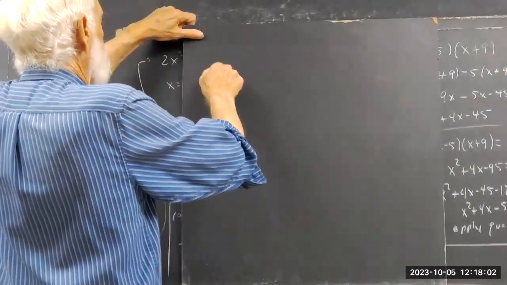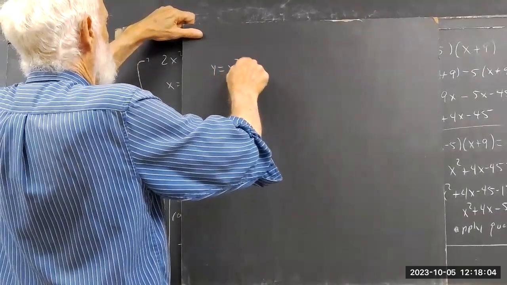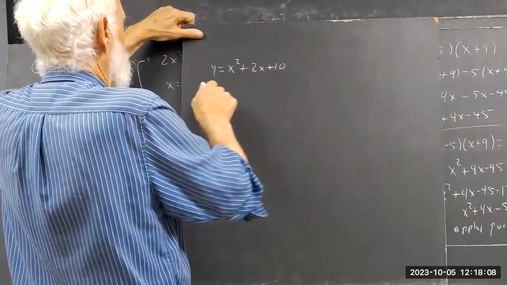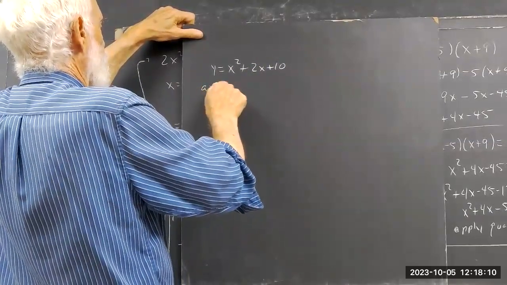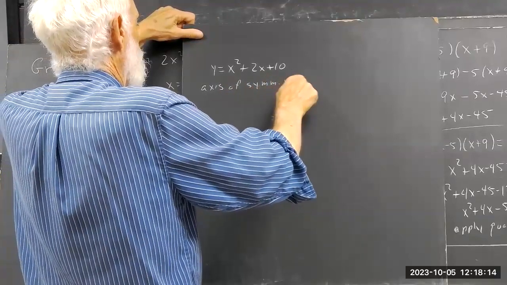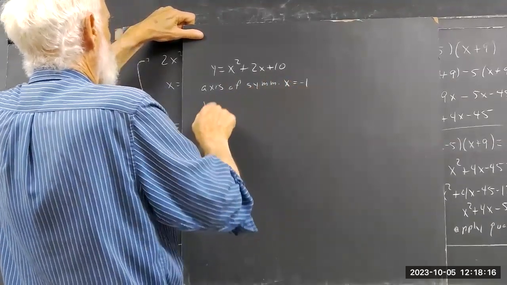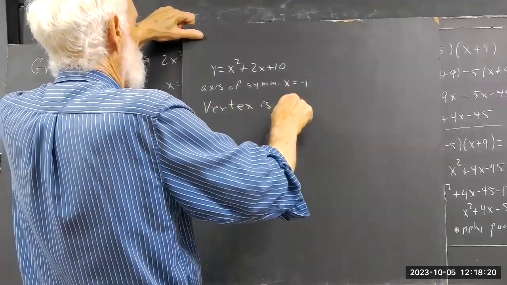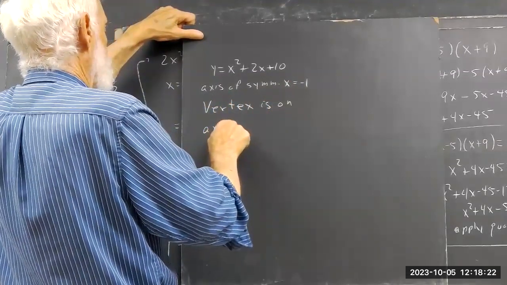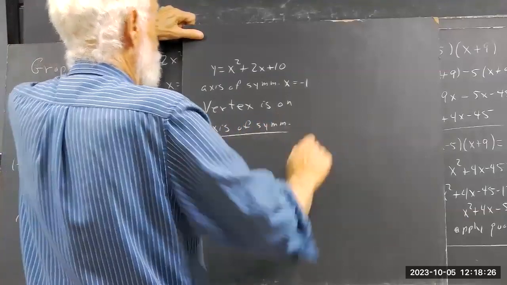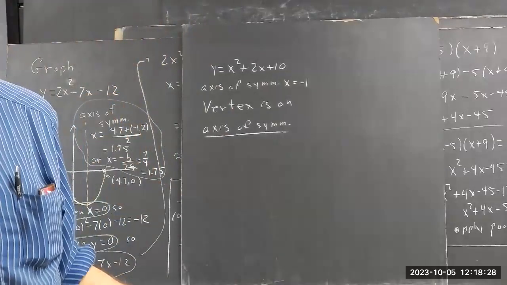So we got y equals x squared plus 2x plus 10. The vertex is on the axis of symmetry.